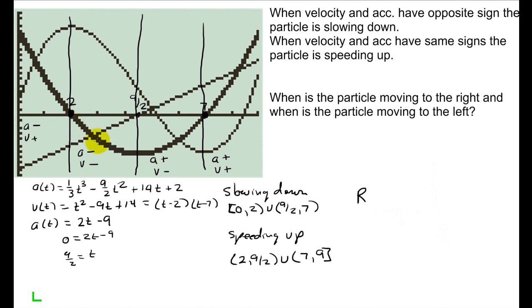It goes negative to 7, and then it goes back to positive from 7 to 9. So this particle is moving right from 0 to 2, and then it's moving right again from 7 to 9. The particle is moving to the left from 2 to 7 because that's where the velocity is negative. So 2 to 7.